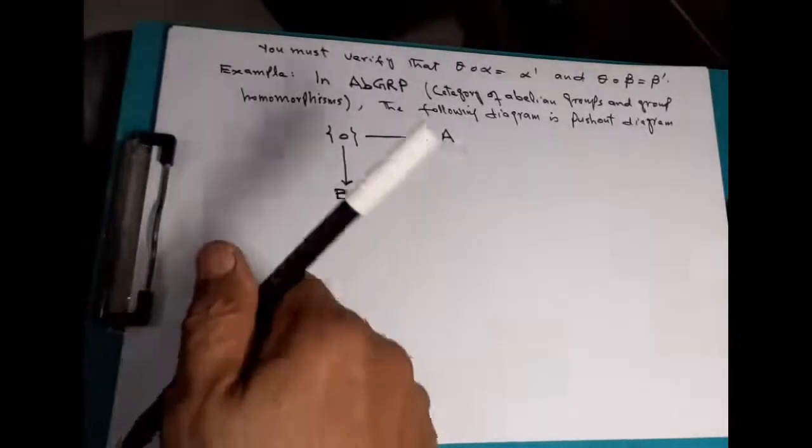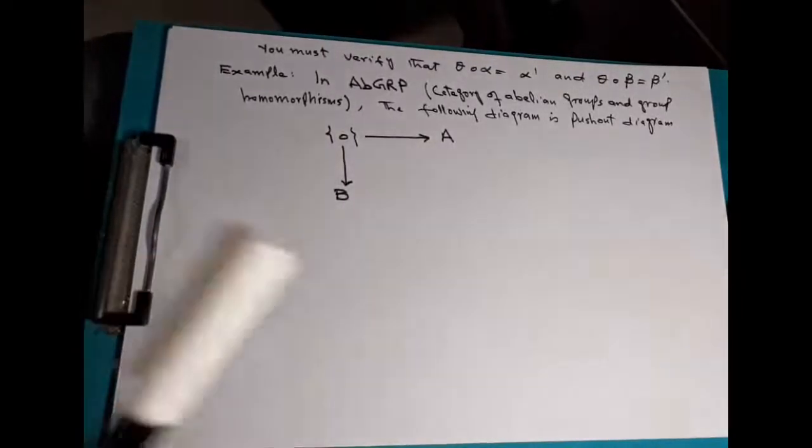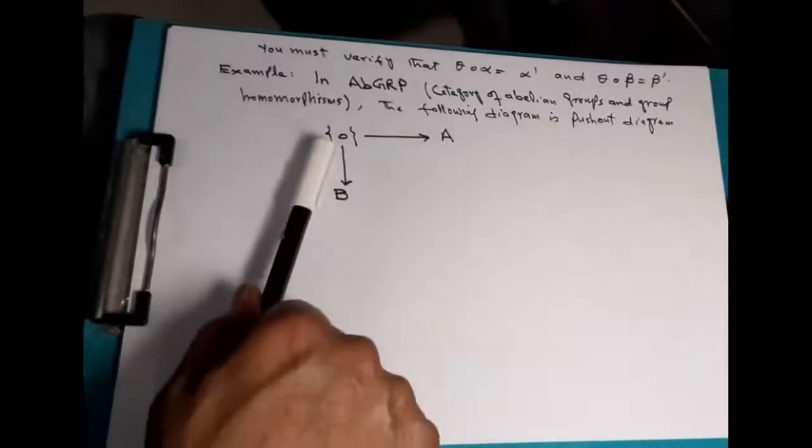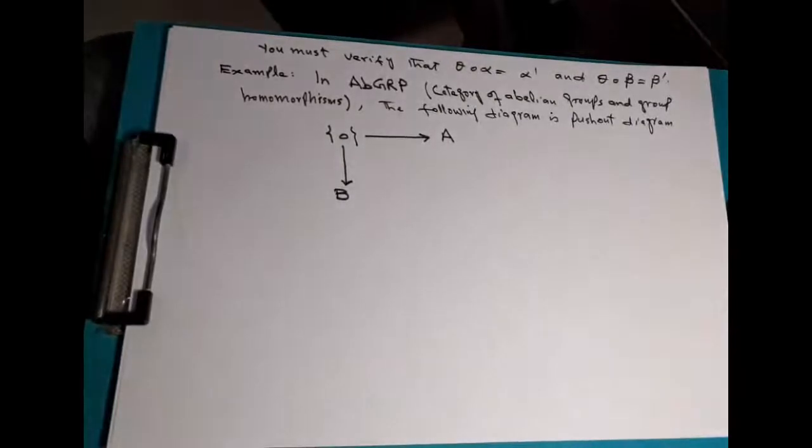In general I must correct myself. The trivial group is the initial object in the category of groups, and therefore in the category of abelian groups the trivial group is the initial object as well.